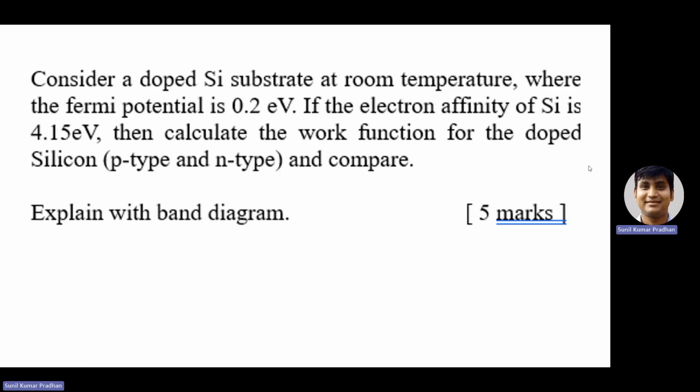So in this case, we have to find out my work function of the p type and n type semiconductor, and we have to compare how this work function will affect the overall silicon substrate. Everything we have to explain with the help of a diagram.